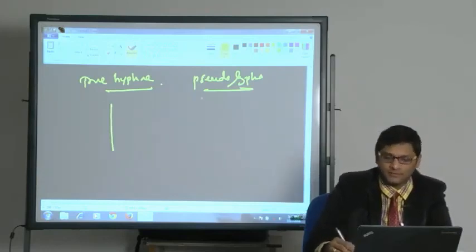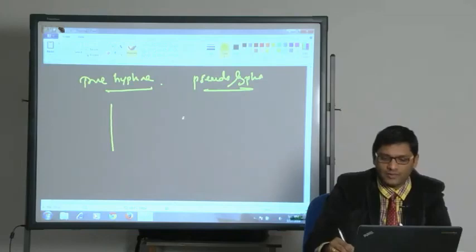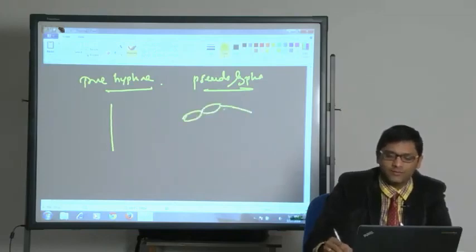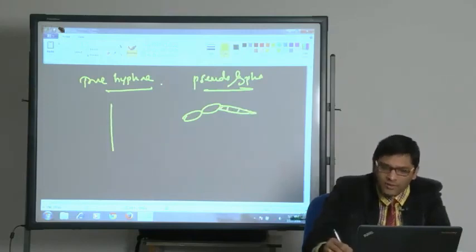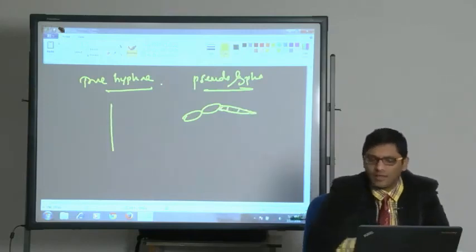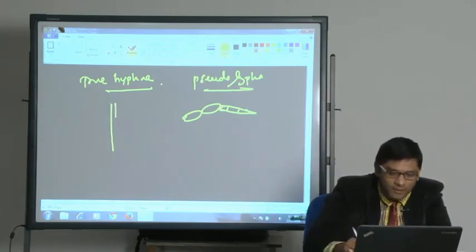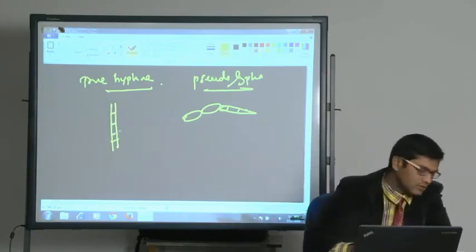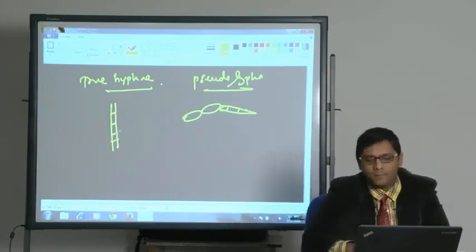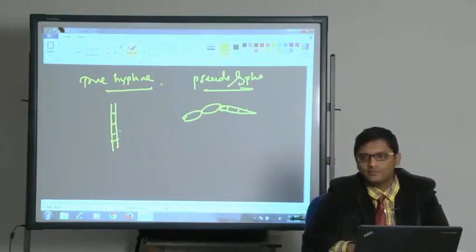For example, it is a yeast cell from which a pseudohypha is formed. Though the septa will be there in the pseudohypha, they are constricted and the origin also will be constricted. Whereas true hyphae will be parallel to each other. So that is how you should differentiate between pseudohypha and true hypha.